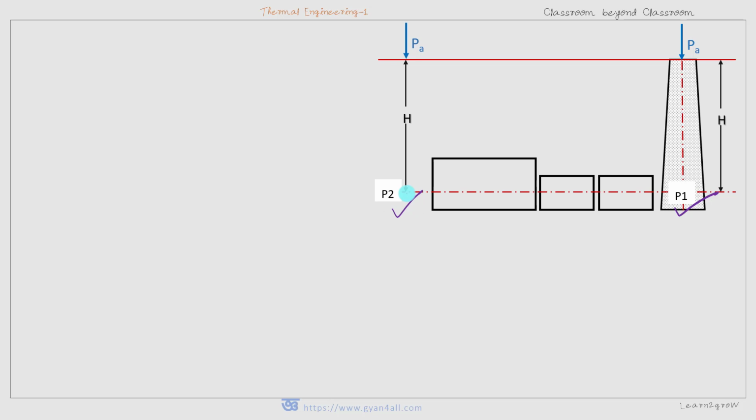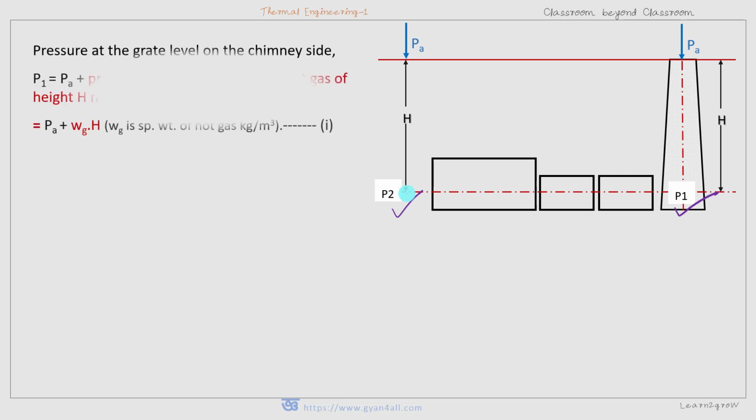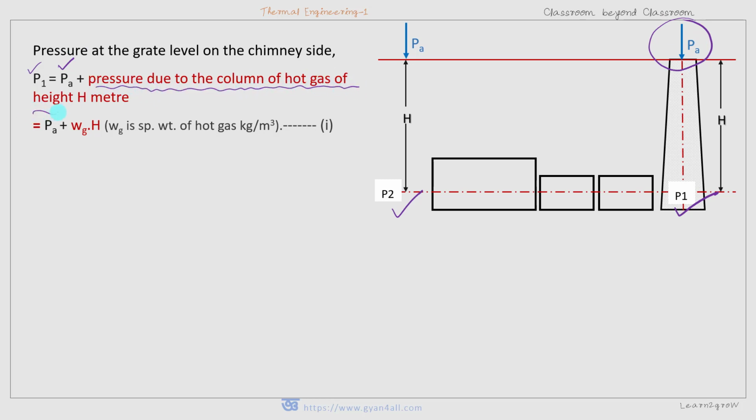Pressure P1 at the grate level inside the chimney is equal to pressure PA plus pressure due to the column of hot gas of height h meters, that is P1 equals PA plus Wg h, where Wg is the specific weight of hot gas in kg per meter cube, and Wg is also equal to rho g, density of hot gas multiplied by g, acceleration due to gravity.